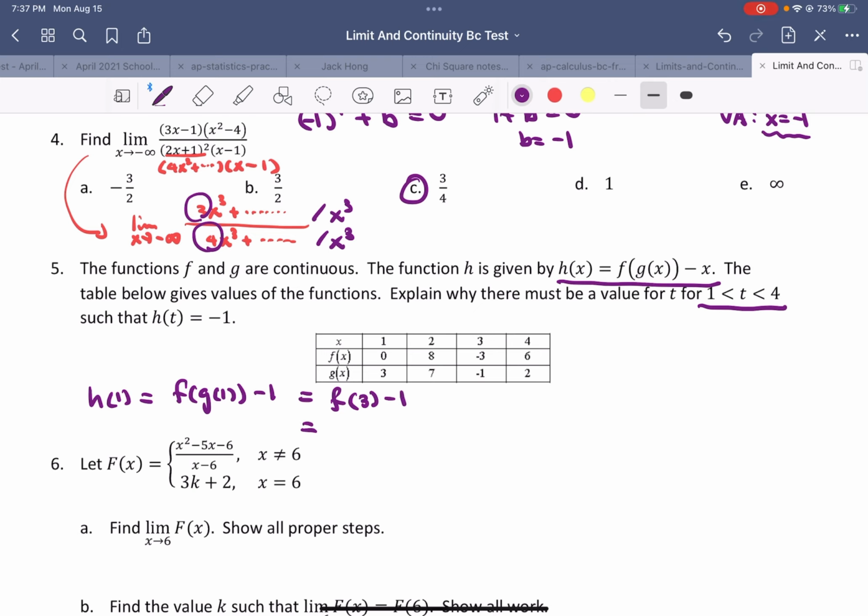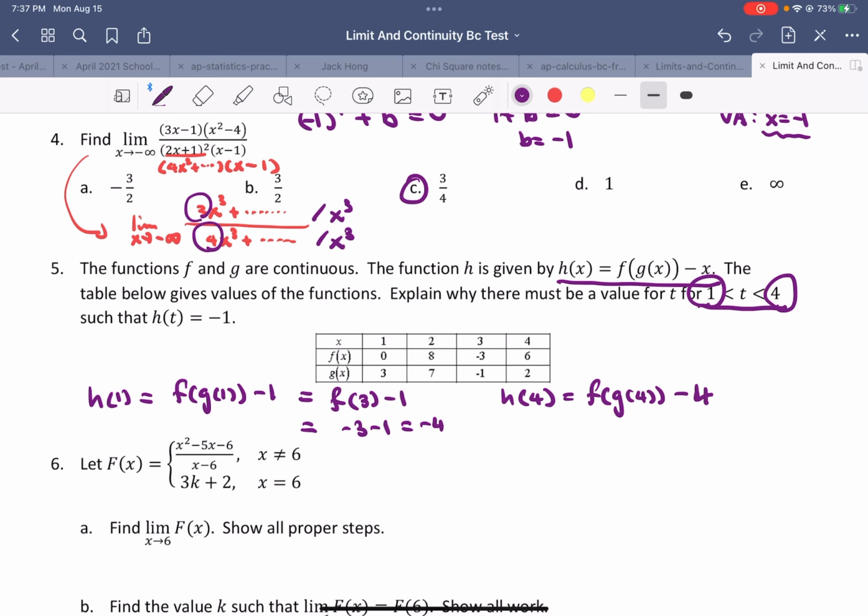Now, what is f of 3? F of 3 means here. When x equals 3, what is the y value? Negative 3. So that's negative 3 minus 1, negative 4. Okay, similarly, we can do h of 4. So f of g of 4 minus 4.